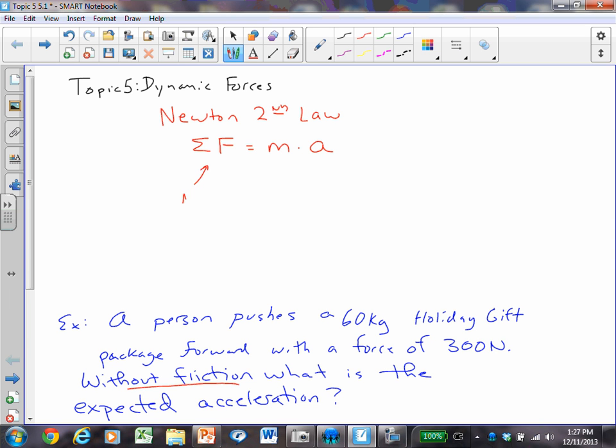So the net force in this case is not 0, and the net force produces an acceleration. But there's a lot that we learned already from topic 4 that we'll use here, mainly free body diagrams and the forces that are involved with those. So the forces themselves don't change.